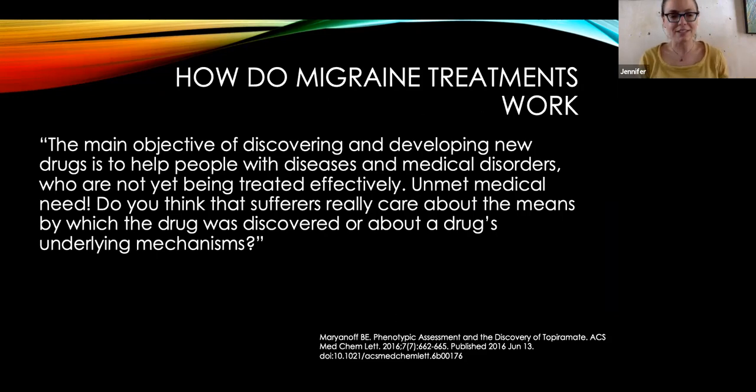Good scientist and everything, talking mostly about the development of the drug for purposes of controlling seizures. But I thought this was a funny quote from this gentleman's paper. "The main objective of discovering and developing new drugs is to help people with diseases and medical disorders who are not yet being treated effectively. Unmet medical need. Do you think that sufferers really care about the means by which the drug was discovered or about a drug's underlying mechanisms?"